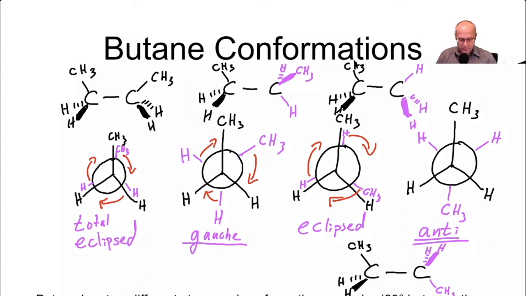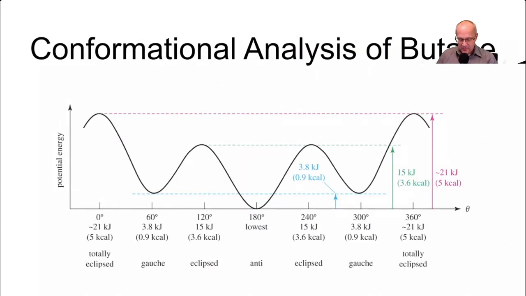And there you go. Anti, where the two large groups are 180 degrees from each other. And here we are: conformational analysis. Total eclipse, highest energy. Obviously, the two large groups are on top of each other, so that's going to be the highest energy.